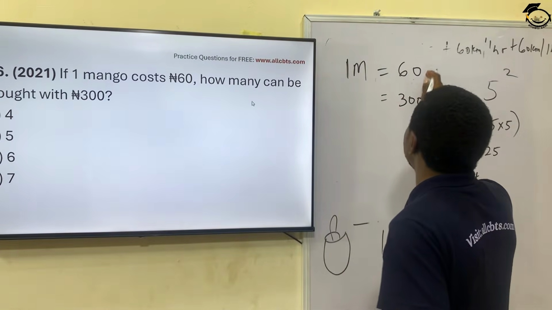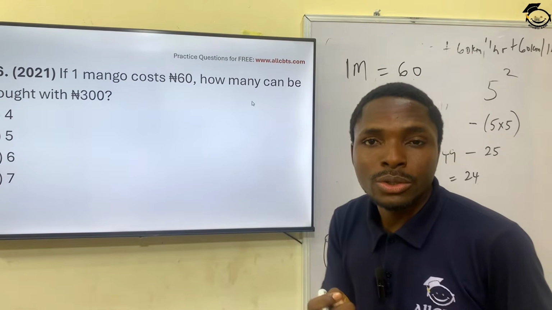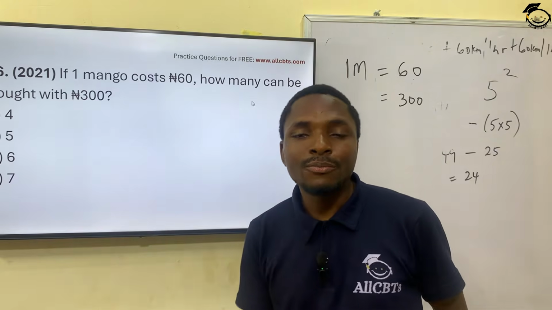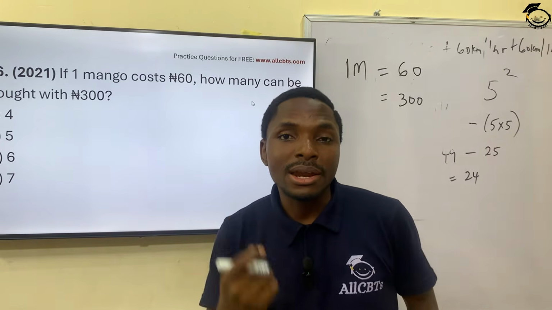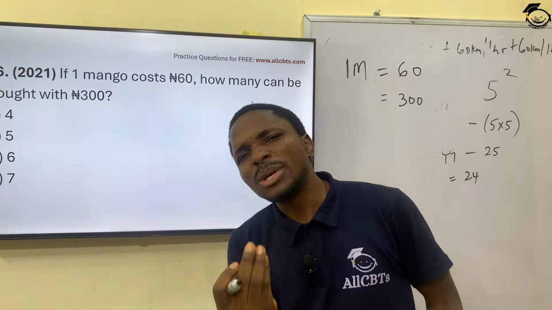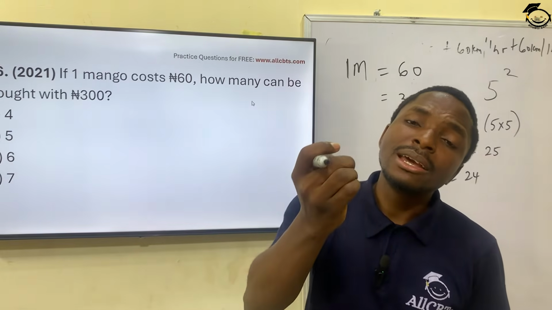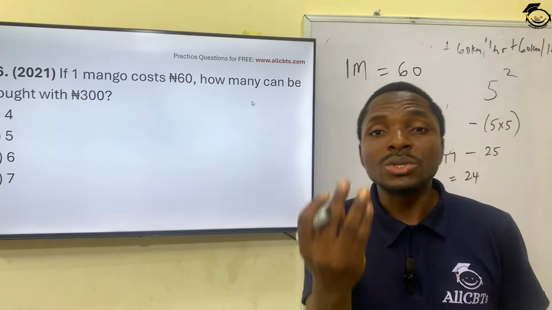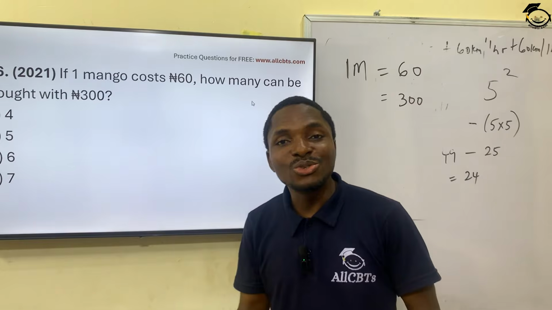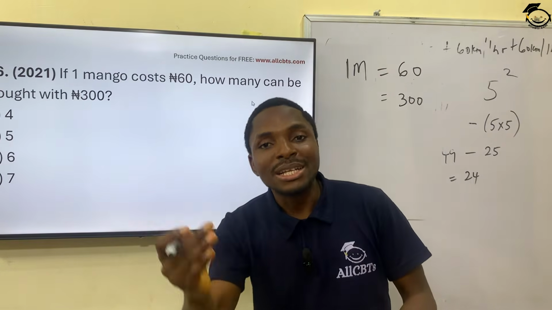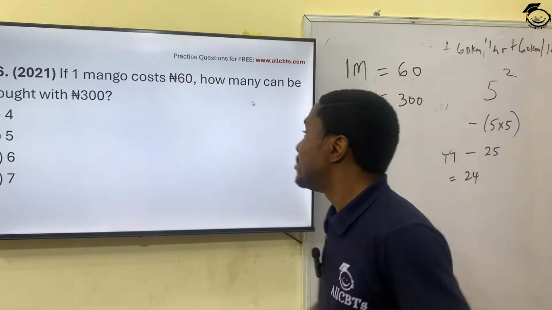Just divide 300 by the amount of one mango. You have 300 naira in your hand. You know that one mango is 16 naira. So you want to know how many mangoes this my 300 will buy. So all you need to do is divide your 300 by the amount for one mango.